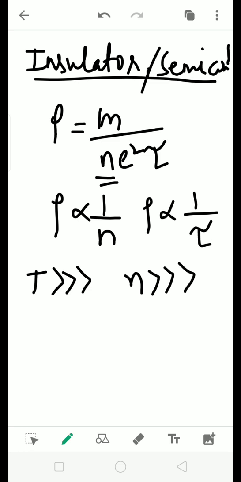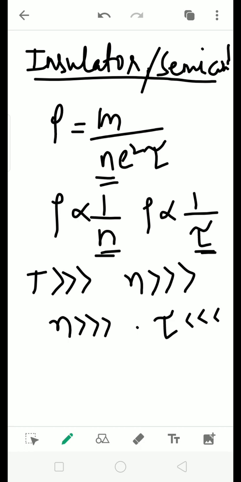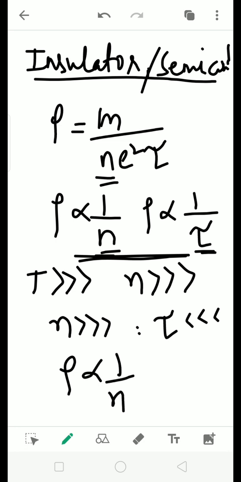Since resistivity depends on n and also on tau, but the increase in n is more than the decrease in tau, the resistivity is more dependent on the number density.